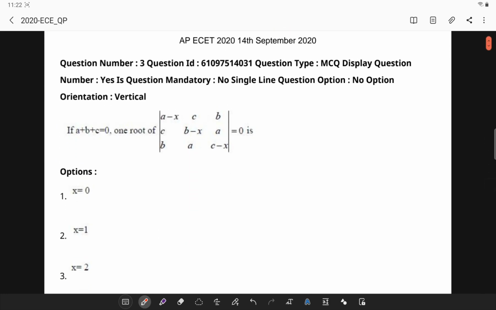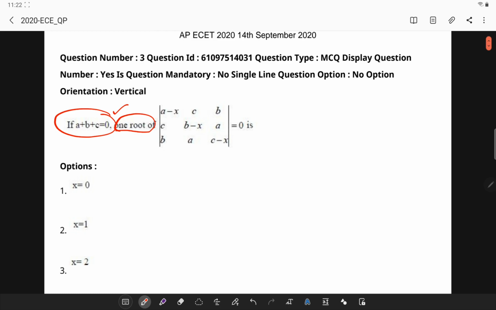Next, in this case I have a condition a plus b plus c is equal to 0 and one of the roots is 0. So I'll simply do an operation by adding R2 and R3 to R1.